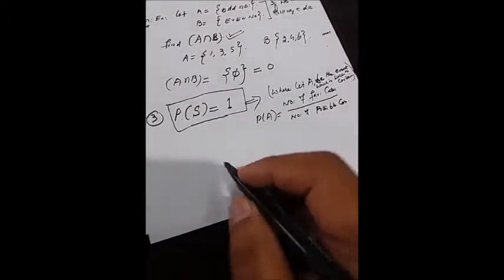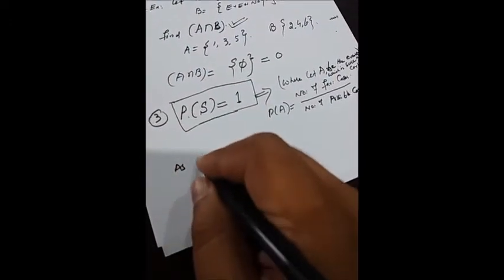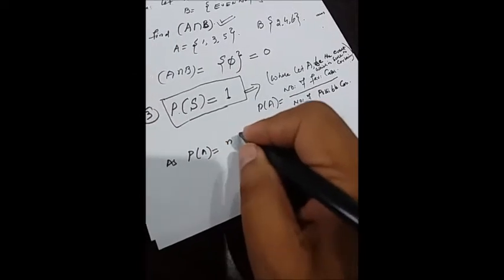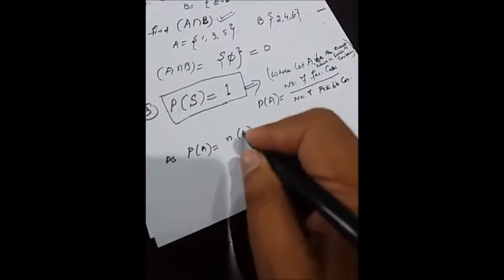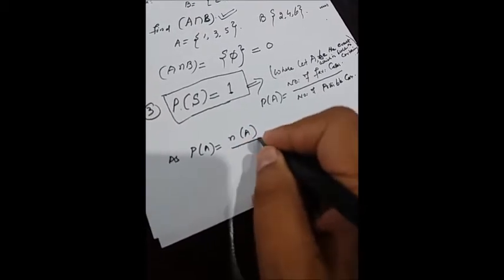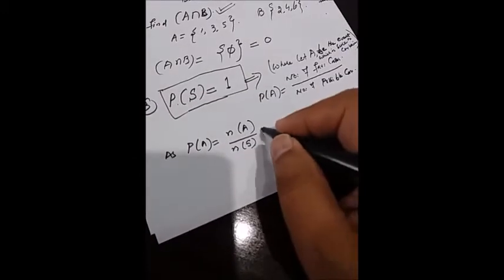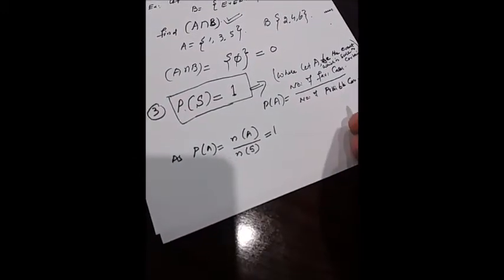Okay, so the probability of A is equal to the number of elements in A, meaning favorable cases, divided by the number of elements in A, meaning possible cases, which is equal to 1.